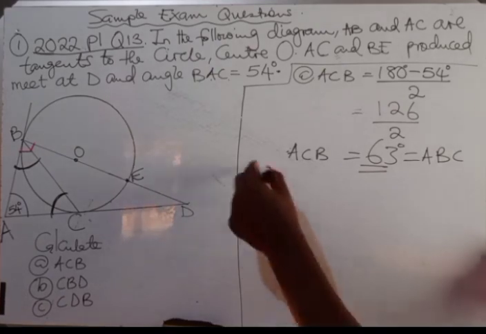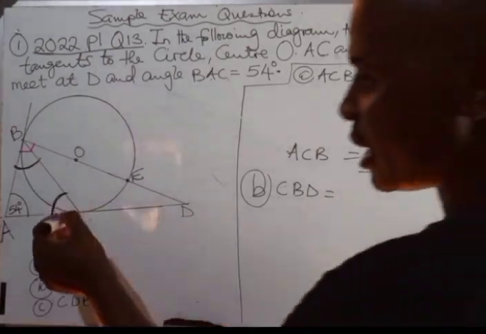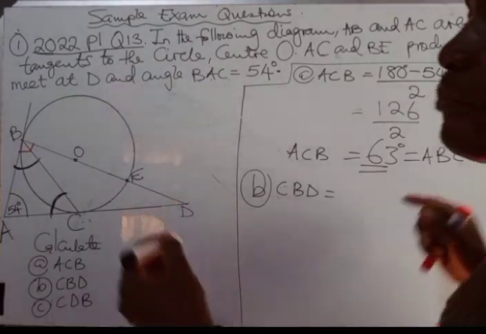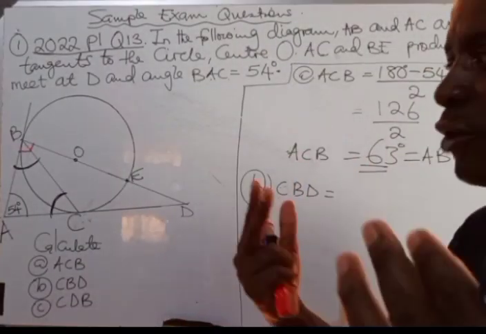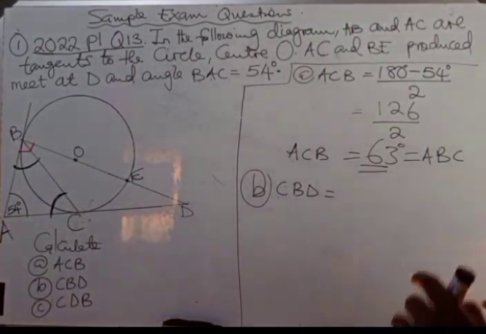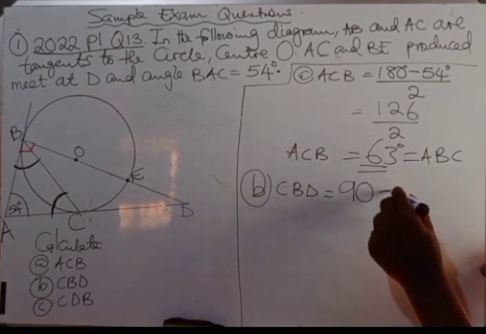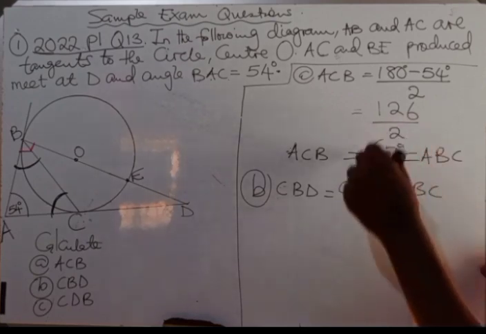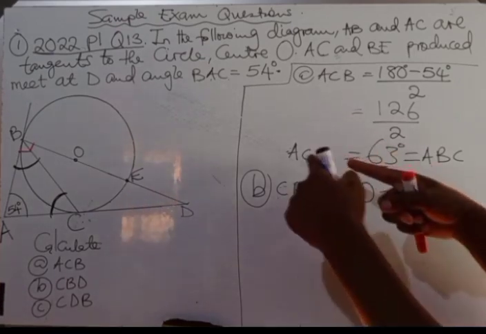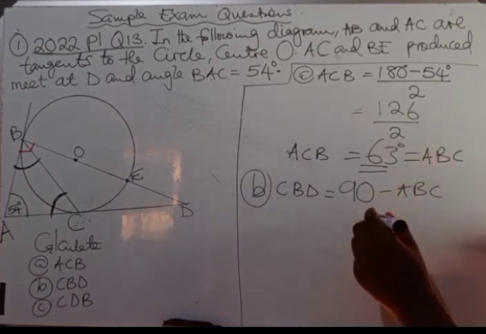Question number B is finding CBD. We have already discovered that ABD is 90 degrees. So to find the CBD, it will be 90 minus ABC, which is 63.